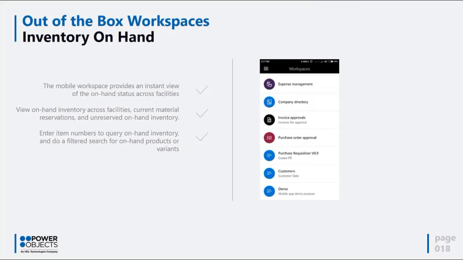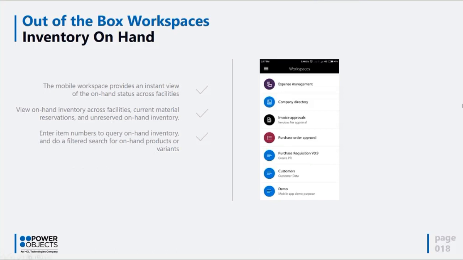The inventory on hand, so this basically just gives us a view into our inventory. I can search by product number or name and find things to view and see the inventory status. For, let's say, a selected product, things I can see are on-hand inventory per site, maybe on-hand inventory per warehouse or location or per batch.